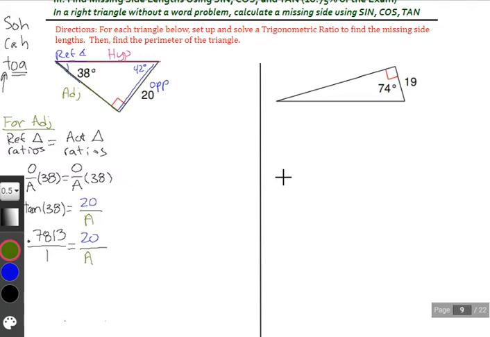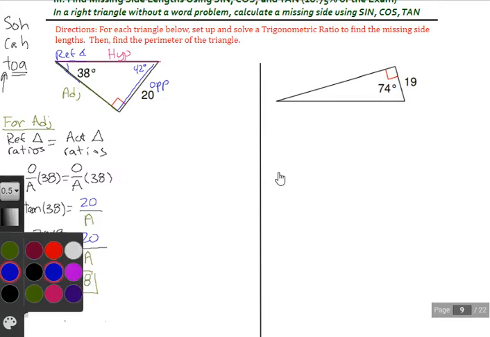So 20 divided by 0.7813 gives us an A value of approximately 25.598. And really quickly, we see the adjacent side is across from a larger angle than the opposite side, and so we do expect our adjacent side to be larger than 20, and it totally is.